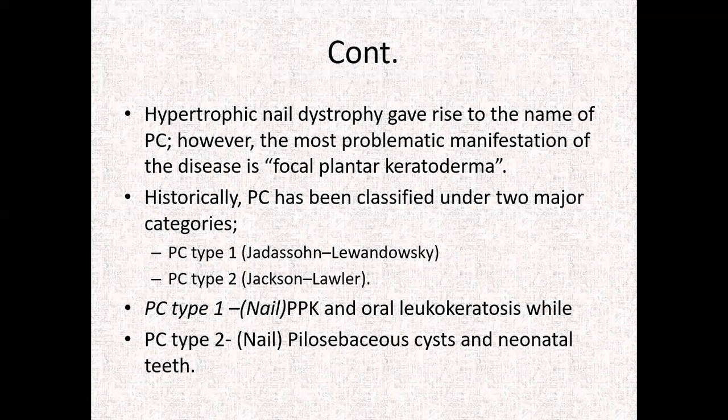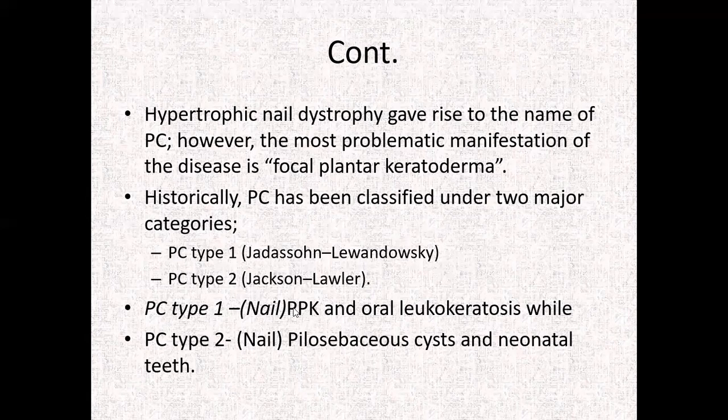So the point to understand is that the hypertrophic nail change is the main feature of Pachyonychia congenita, which will be seen in all types of Pachyonychia congenita. While focal plantar keratoderma is seen only in type 1 Pachyonychia congenita, which is also called Jadassohn-Lewandowsky Pachyonychia congenita.